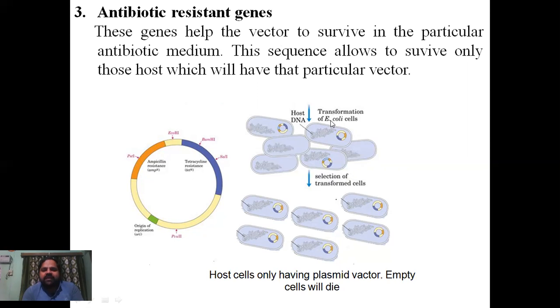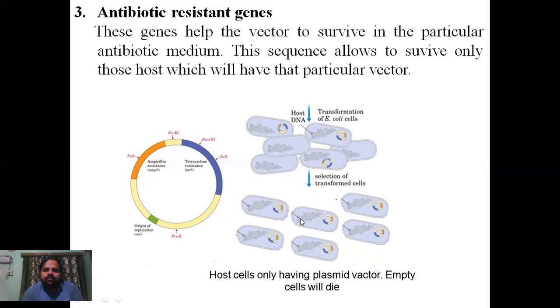And when we have grown the population of this bacteria in the ampicillin or tetracycline, then only those bacterial cells will survive which will have this particular vector.